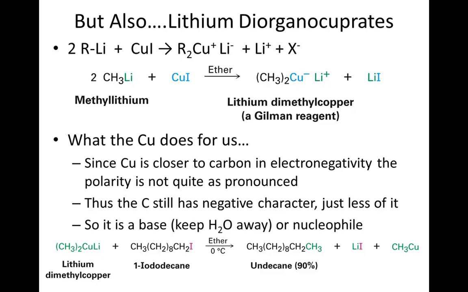But what we want to do with this instead is modify the organolithium compound. So we're going to take two of those organolithium compounds and react them with cuprous iodide. So this is copper in the +1 oxidation state. And it will make this species, which is called a lithium diorganocuprate. Specifically in this reaction they show you a methyl group, and so they call this lithium dimethyl copper.